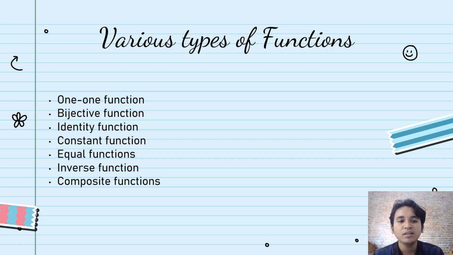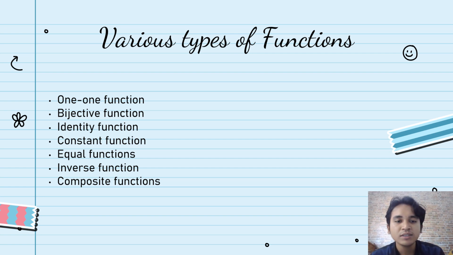Next, the identity function. Let A be a non-empty set, then the function I from A to A defined by I(x) equals x for all x elements of A is called an identity function on A. It is a one-to-one onto function.